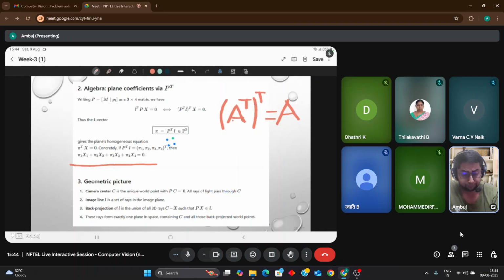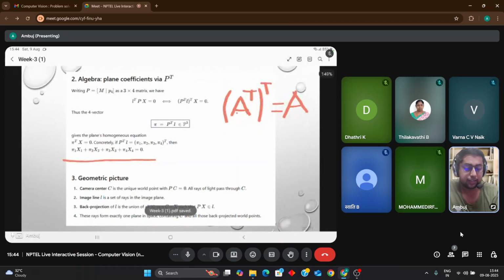The camera center C is the unique world point for which PC equals 0.